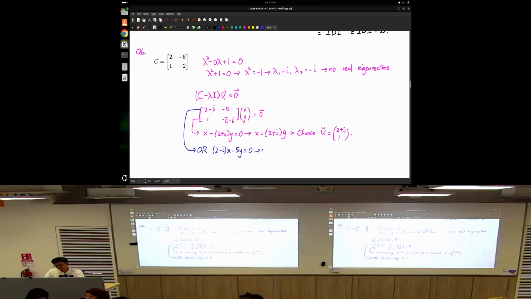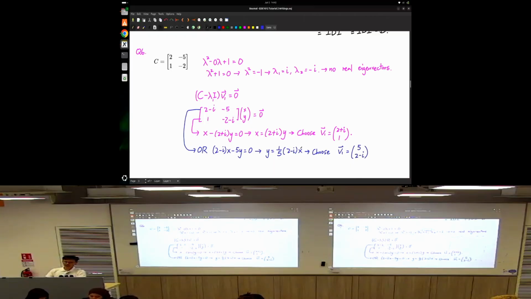In this respect, you get y equals 1/5 of (2 minus i) times x. So you can also choose V1: if you put x as 5, then 2 minus i will be the y component.